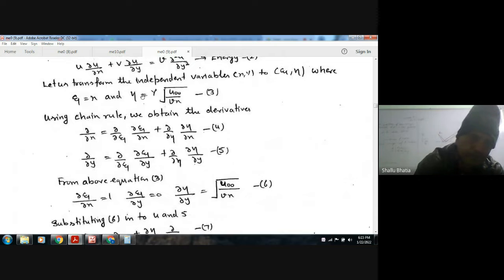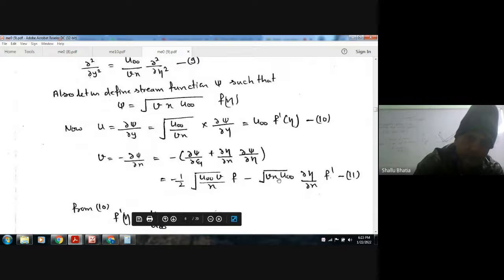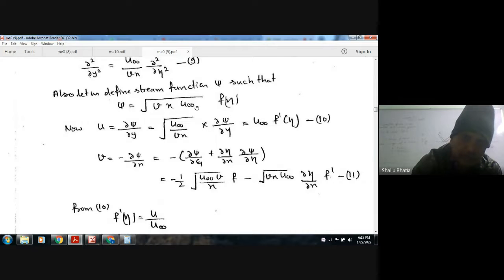Xi is this quantity. Curly xi by curly x can be used, and curly xi by curly zeta is this, from this equation. So this comes out as this.